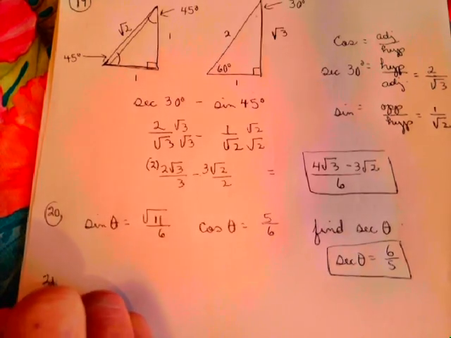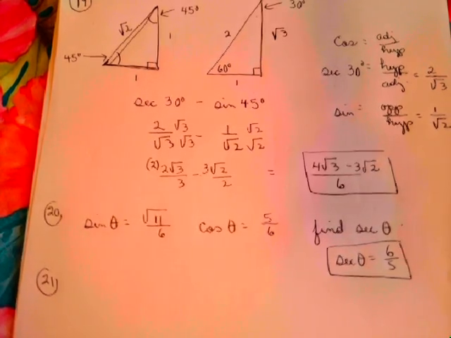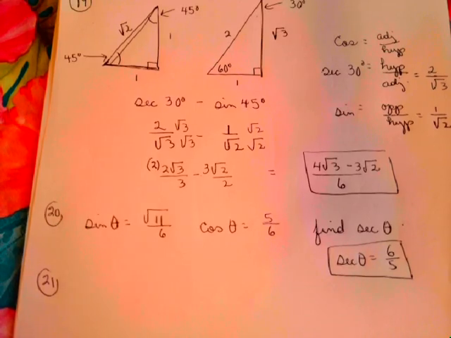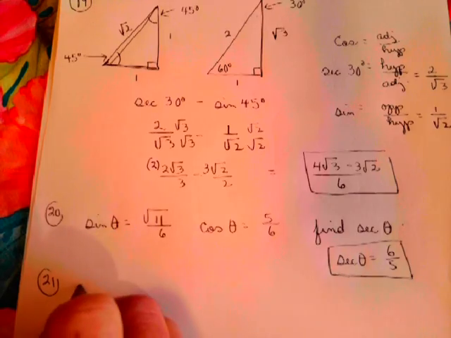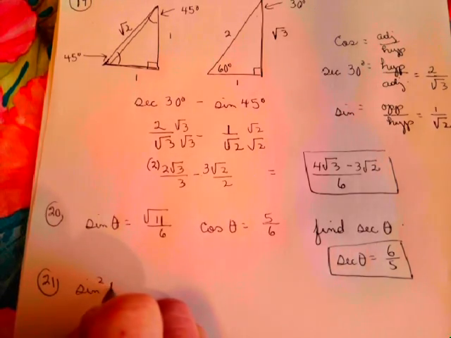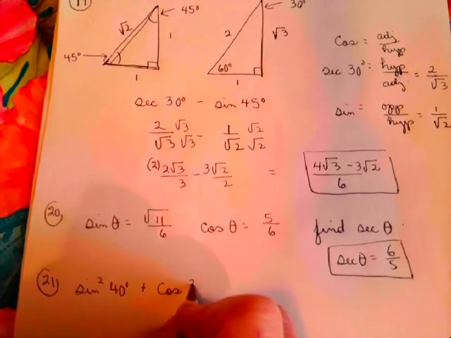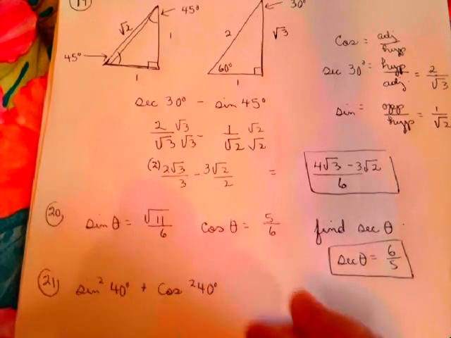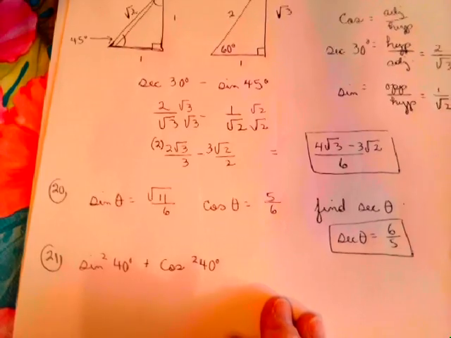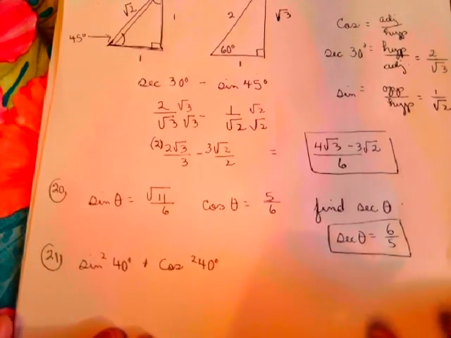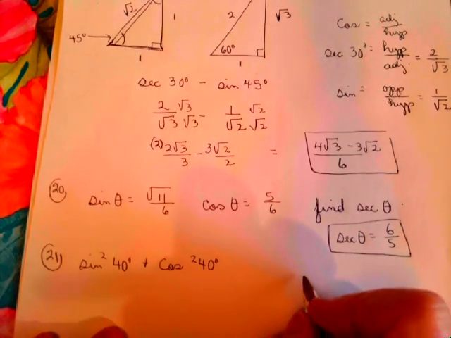Number 21. Use an identity to find the value of this expression. Do not use a calculator. Sine squared of 40 degrees plus cosine squared of 40 degrees. I had asked you to memorize the 3 Pythagorean identities.